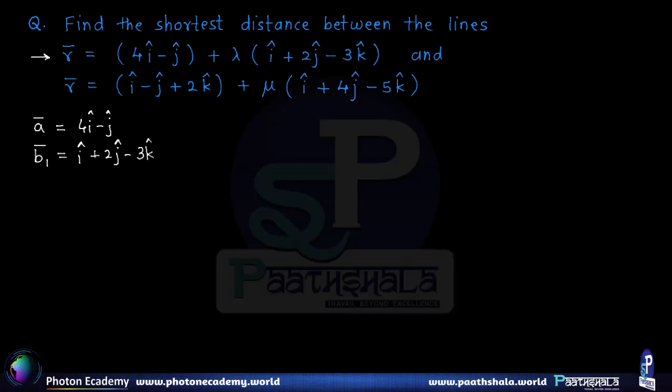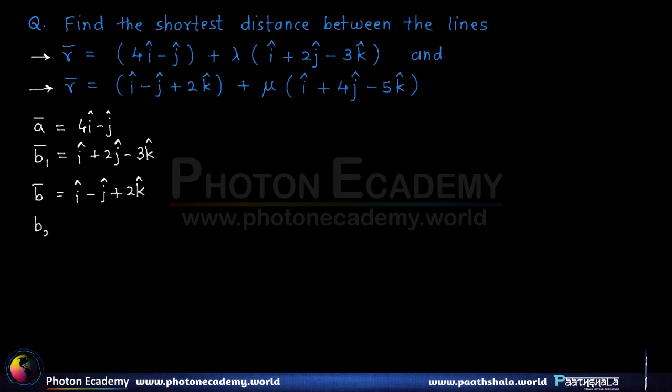And similarly for the second line, the fixed point on it is b bar, which is i cap minus j cap plus 2k cap. And the vector to which it is parallel is b2 bar, that is i plus 4j minus 5k.